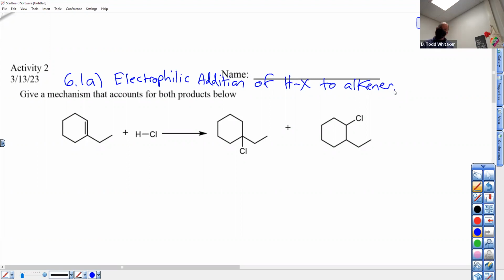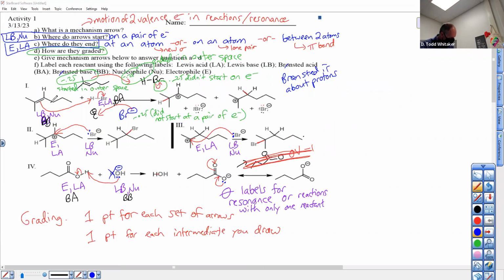And anybody want to take a stab where the first arrow starts? Because we did a reaction that started with an alkene and HBr. We did one. Alkene, HBr. So do you remember those two arrows? First arrow started where? Pi. Ended where?